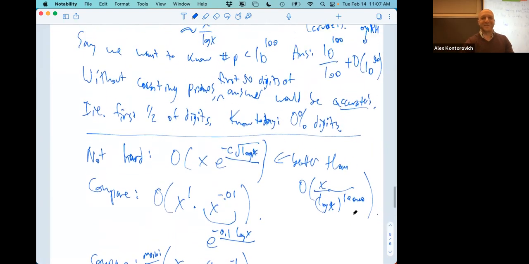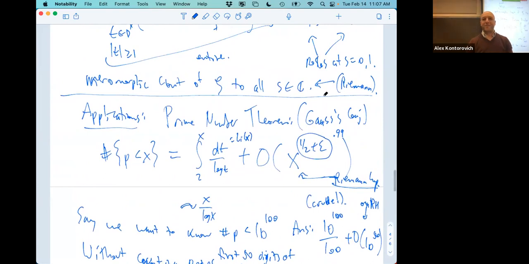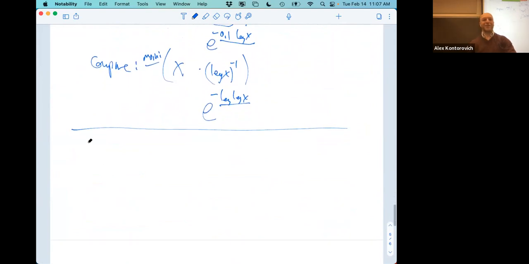I'm just telling you what some of the applications are of why we care about these zeta type functions. What's another application, maybe not of zeta itself, other classical applications?